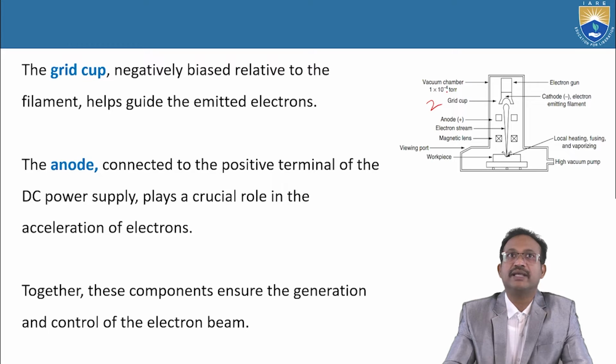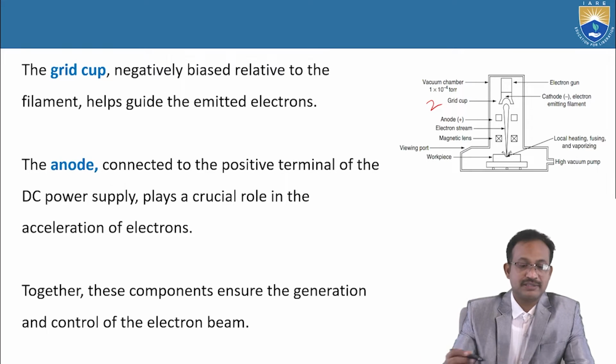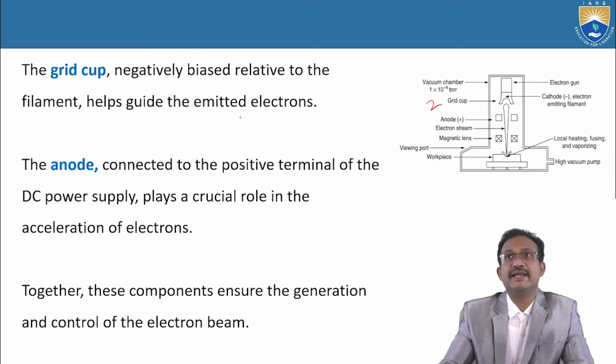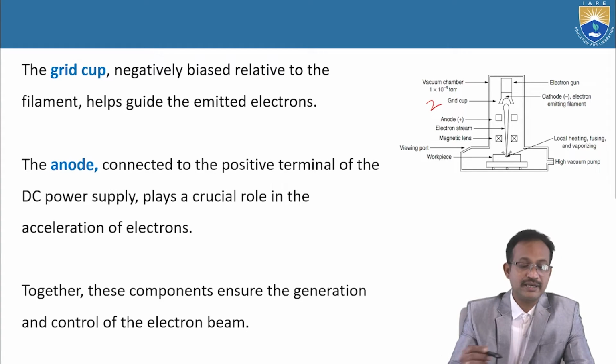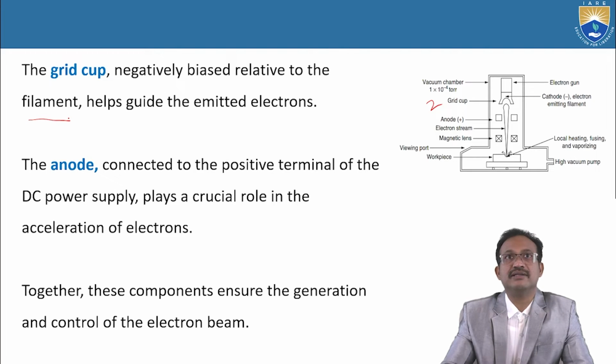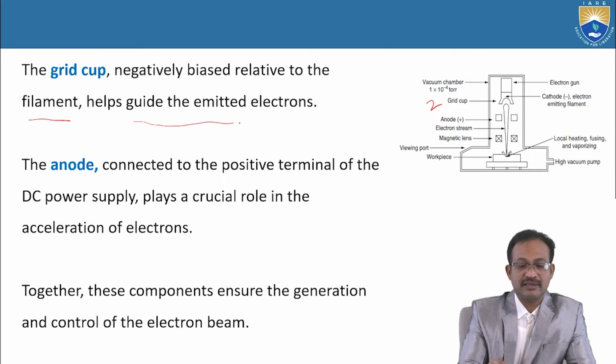Okay, second one, the grid cup. The grid cup, negatively biased relative to the tungsten filament, helps guide the emitted electrons. So this grid cup acts as the guiding element.